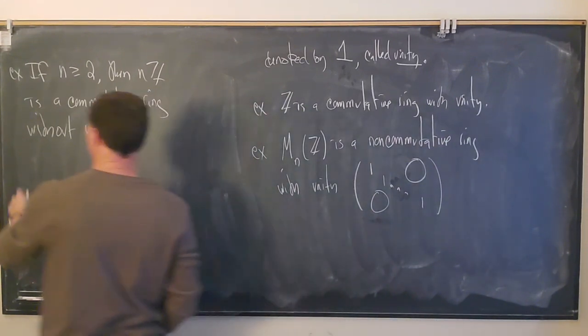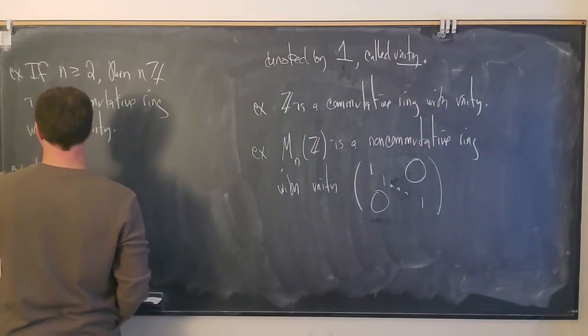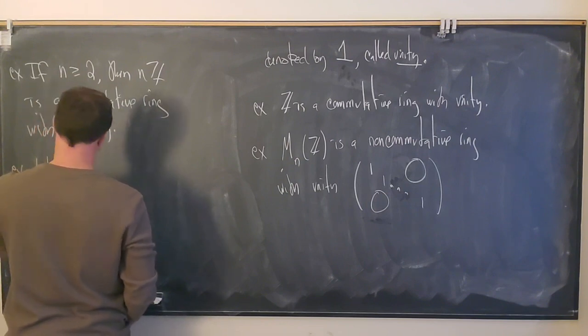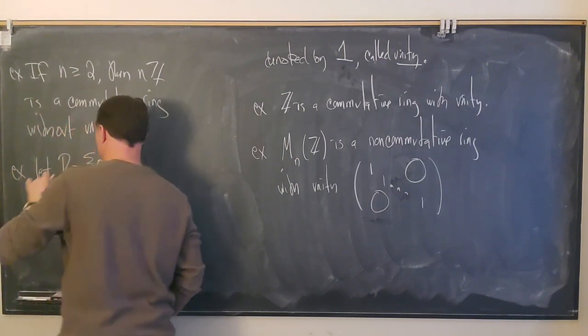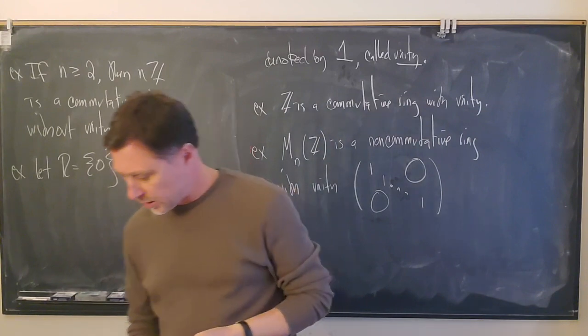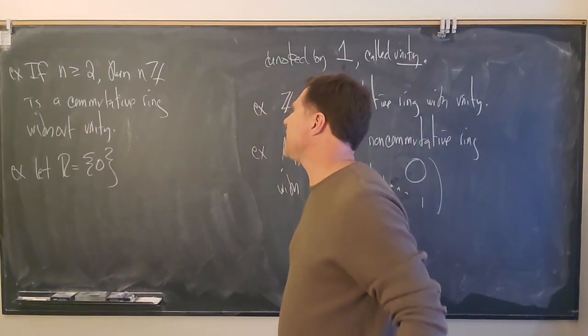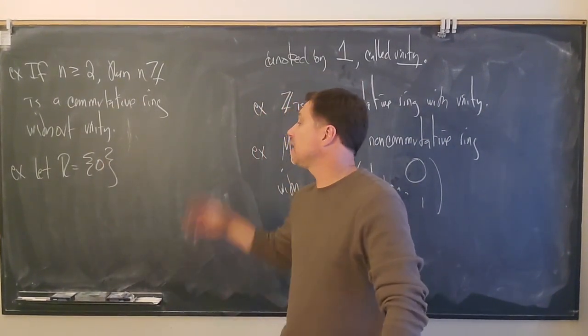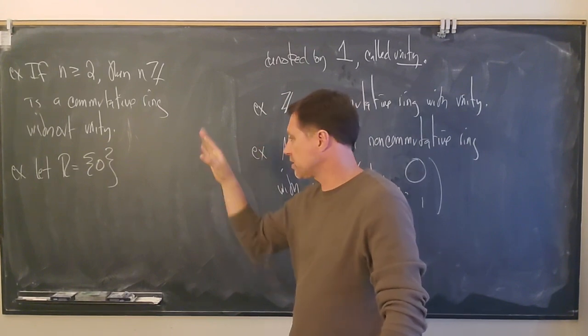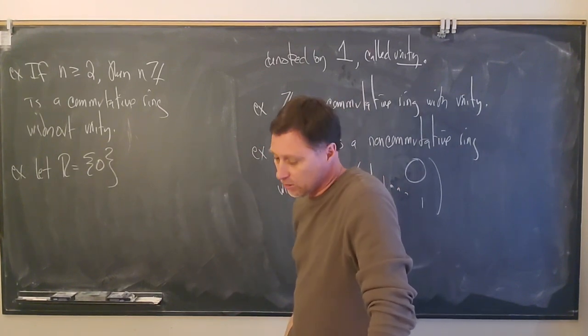One more example here. Let R equal {0}. And here, I don't mean the number 0, I just mean the symbol 0. Just take a ring R that has a single element.